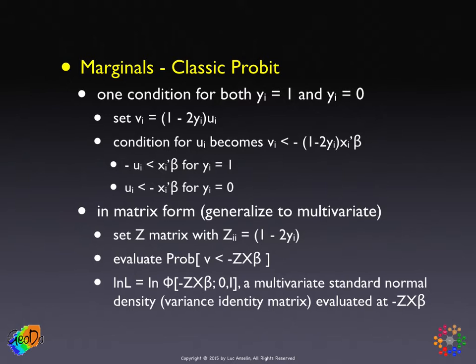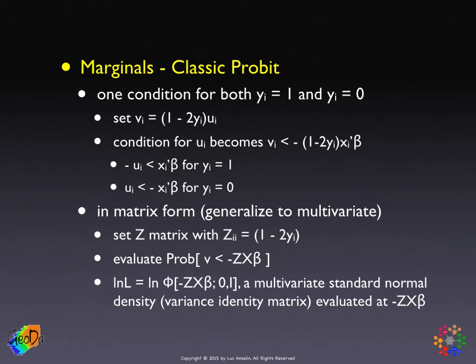If we take all these 1 minus 2 y sub i terms and put them in the diagonal of an n by n diagonal matrix, then we can write this whole thing in matrix form as the probability that a vector of random variables v, an n-dimensional vector, one for each observation, is less than a vector that is obtained by taking the product of negative this diagonal matrix Z.